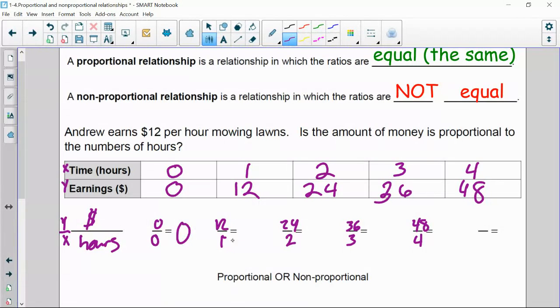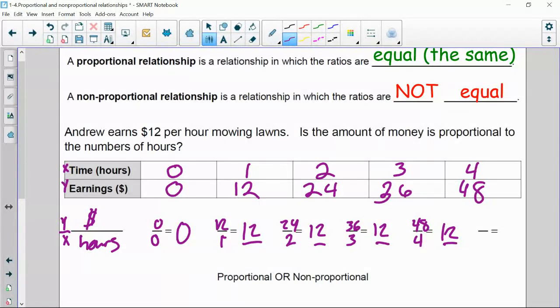So this becomes 12, 24 divided by 2 is 12, 36 divided by 3 is 12, 48 divided by 4 is 12. So did all of these equal? Not including the 0, because you're going to have 0 divided by 0, which is actually undefined because you can't divide by 0.